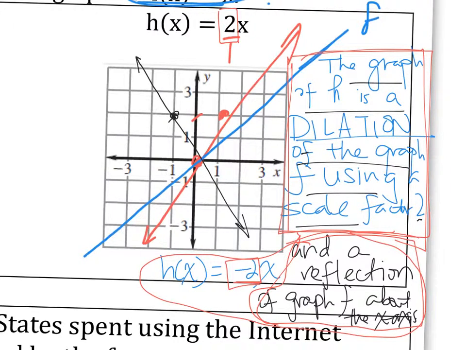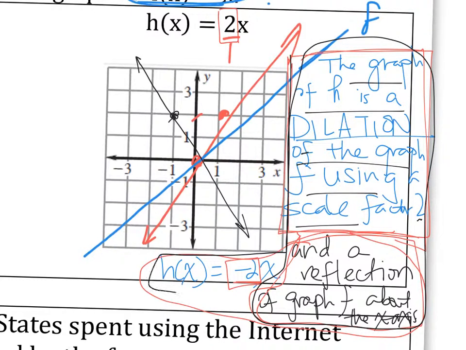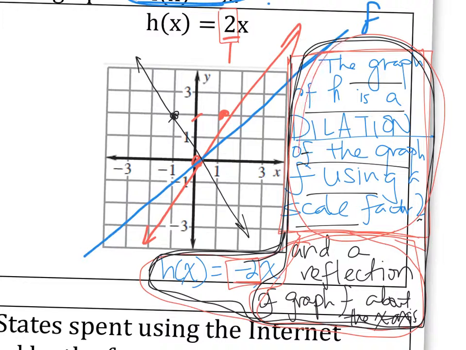So I would say I'll circle everything in black for h of x equal to negative 2x. And everything in red for h of x equals 2x.